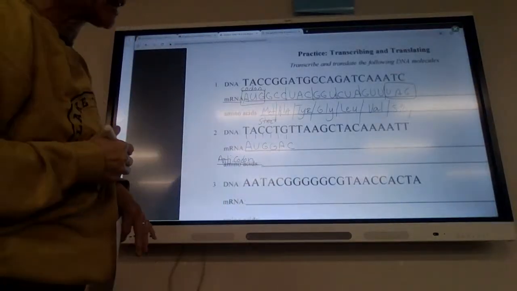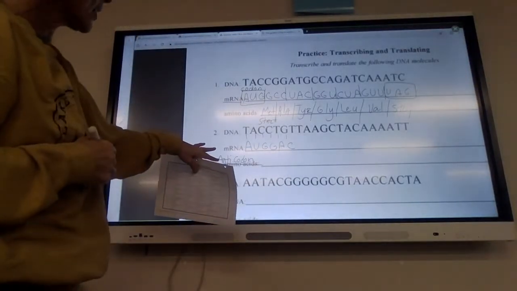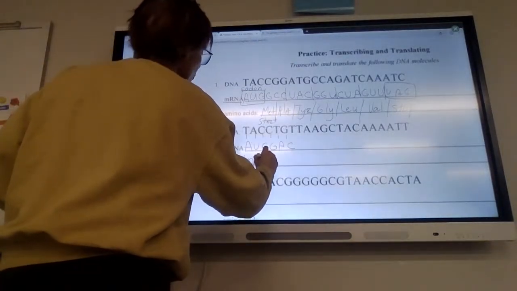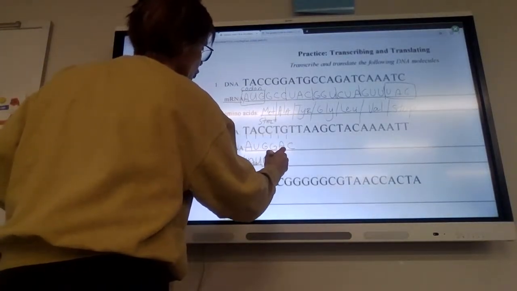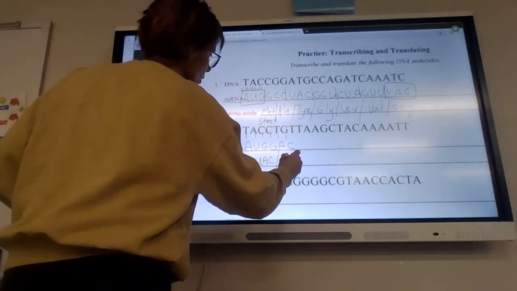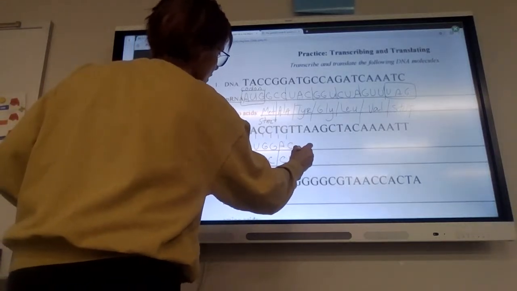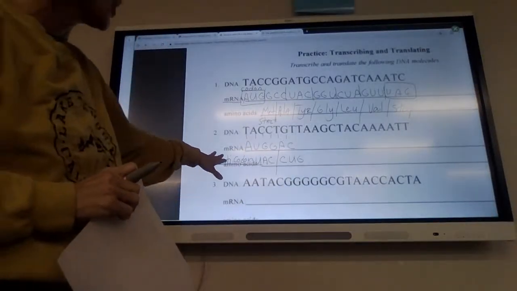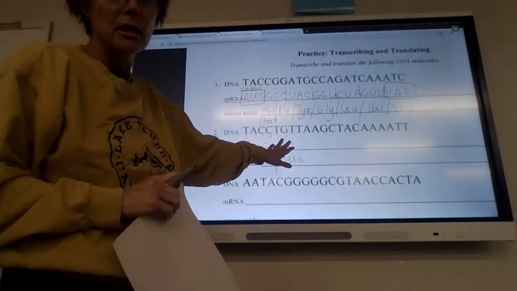That's all I need to do. If I'm doing my anticodon, what goes to A? U. What goes to U? A. What goes to G? C. What goes to G? C. What goes to A? U. What goes to C? G.